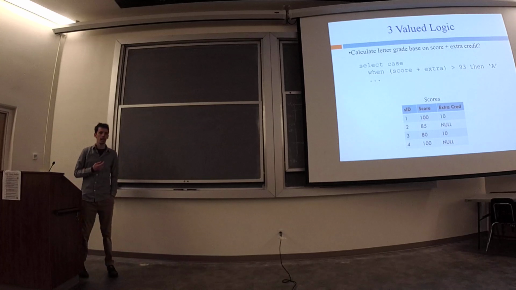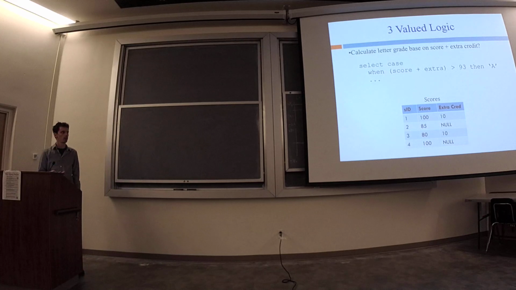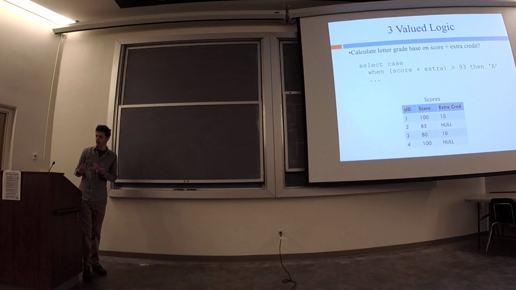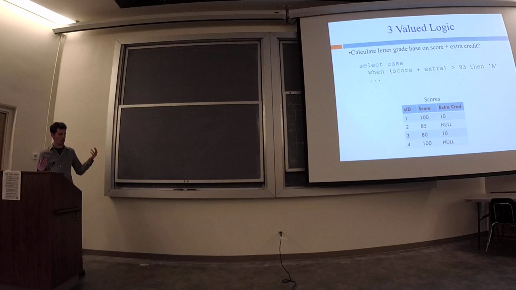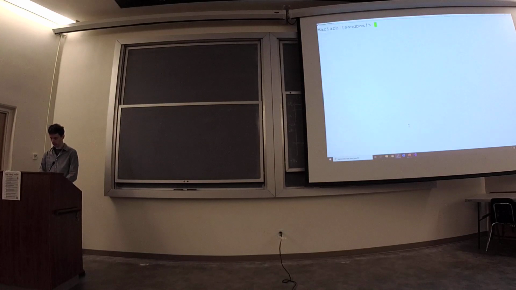And then I want to use a case to convert their score plus extra credit into a letter grade. So score plus extra greater than 93 means A. Score plus extra greater than 80 means B. So I actually have that here. Let's start from scores.